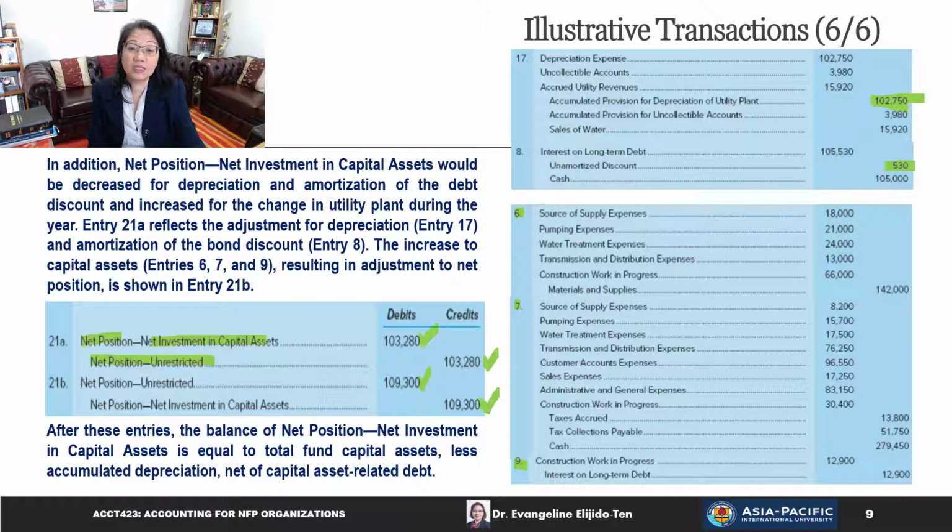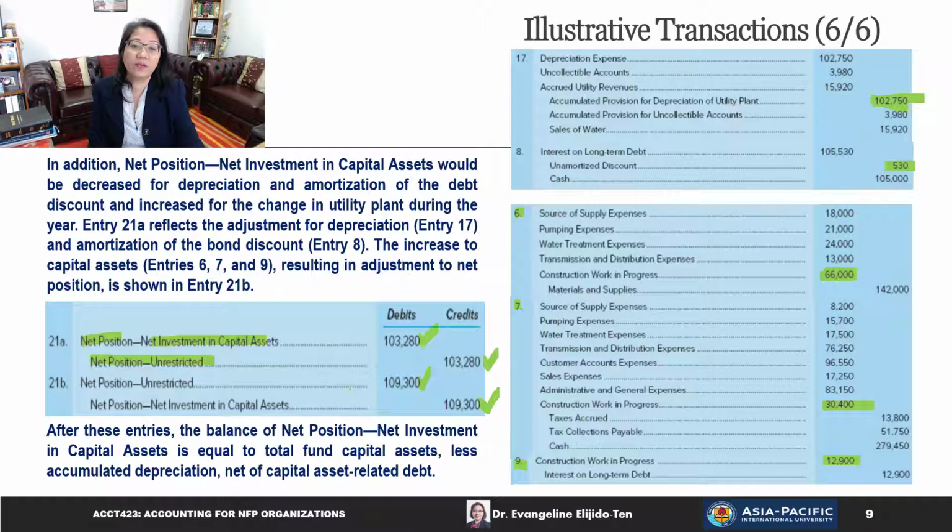So where do we get this 109,300? This is simply the total of the construction work in progress. So in entry 6, we have it for 66,000. Construction work in progress in entry 7, 30,400. And in entry 9, 12,900.